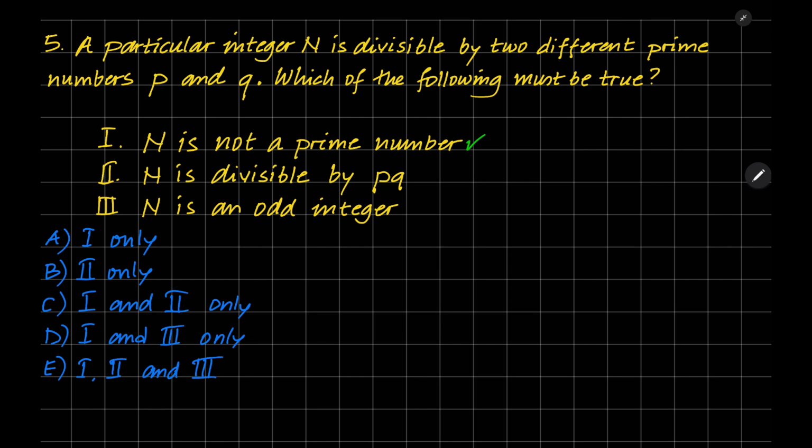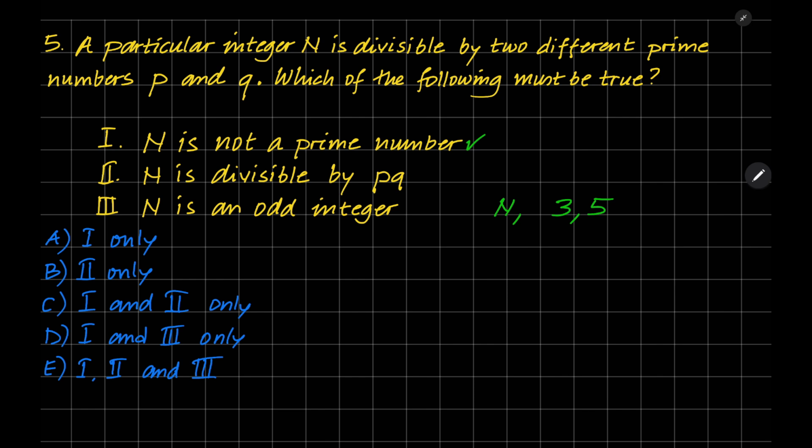Next, recall that every number can be written as a product of a particular bunch of prime numbers. Let's say that n is divisible by 3 and 5.